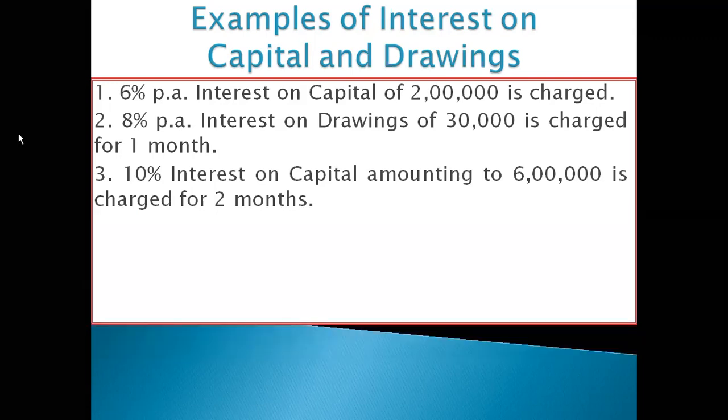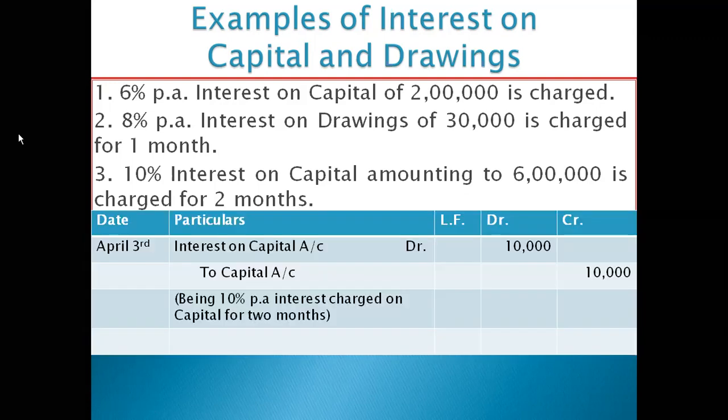The next entry is 10% interest on capital amounting to 6 lakh is charged for 2 months. Here the consideration is of 2 months rather than 1 month. So let's see. The entry would be interest on capital account debit to capital account 10,000.